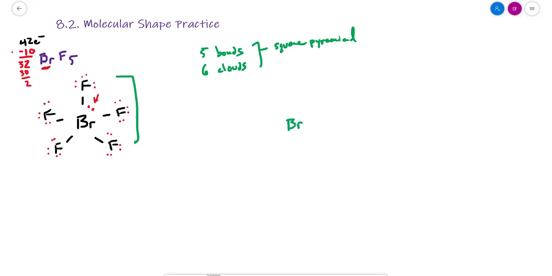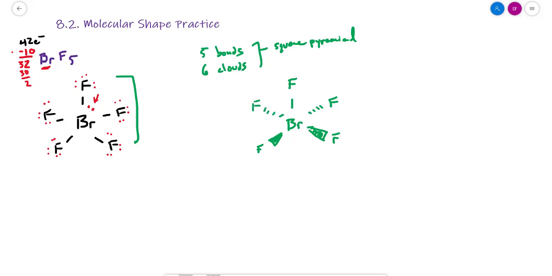So the actual 3D structure would look something like this. Bromine here, I've got one of the fluorines in the plane. I've got a fluorine out here, and I've got one fluorine coming out at me. I've got another fluorine. I'm going to color these in just to be clear, coming out at me, and then another one back in the plane.